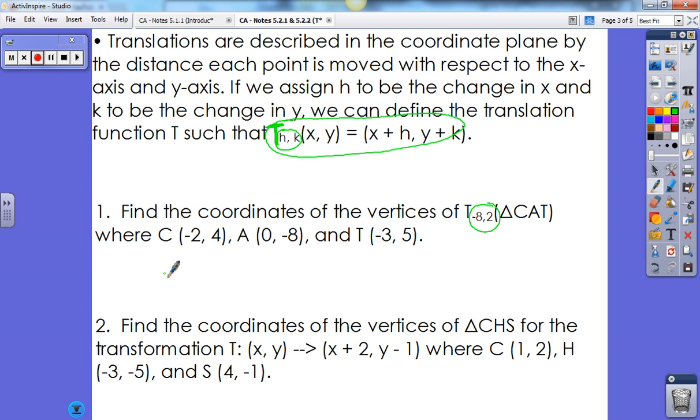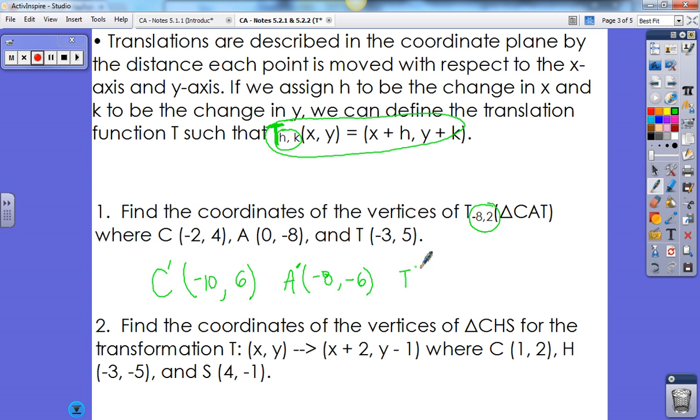So that means C prime, or my new C, is going to be -2 and -8, which is -10, and then 4 and 2, because that's what I'm adding to the y value, is 6. My new A, A prime, is 0 and -8, which is -8, and -8 and 2, which is -6.